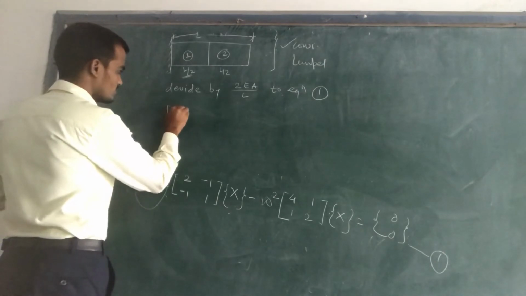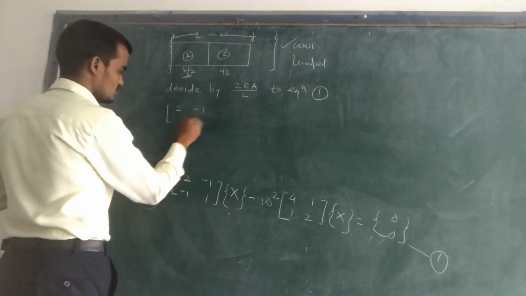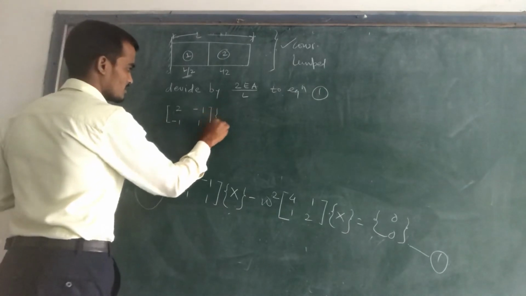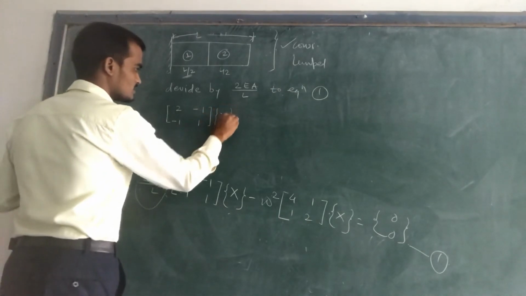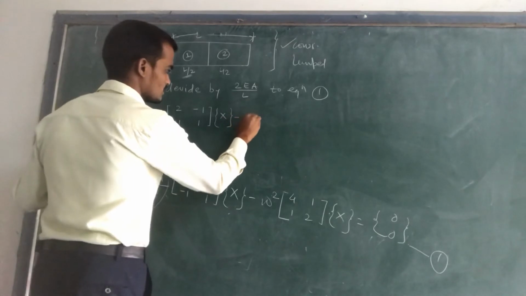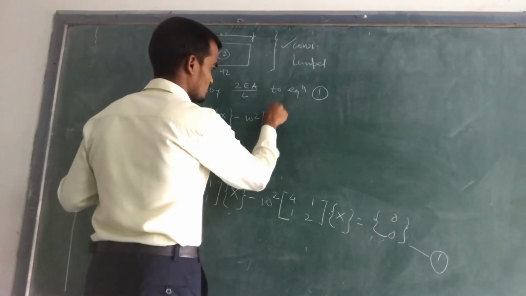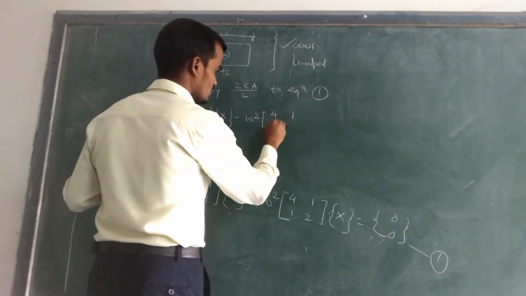So it will become 2 minus 1, minus 1 1, into x, minus omega square into the mass matrix 4 1, 1 2.